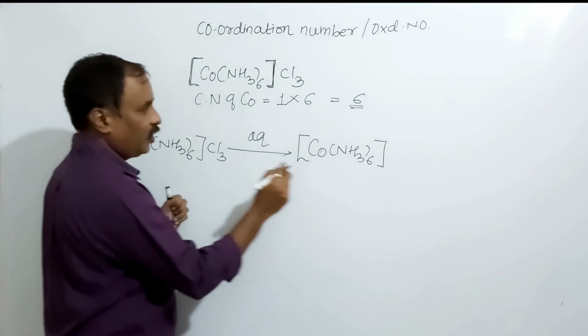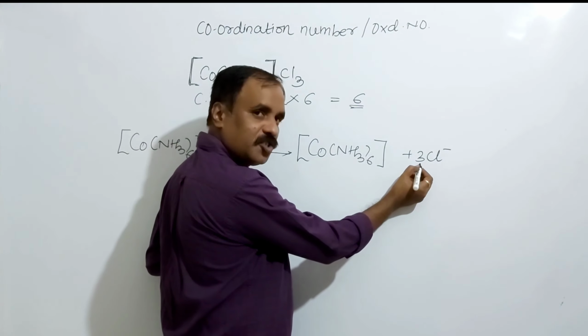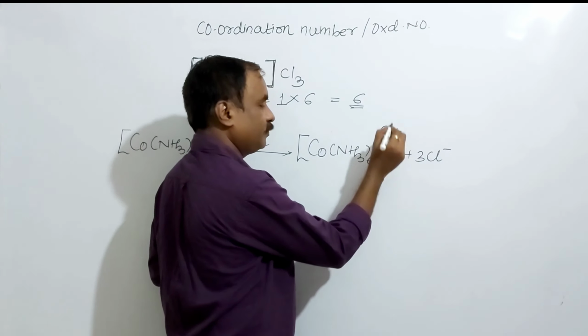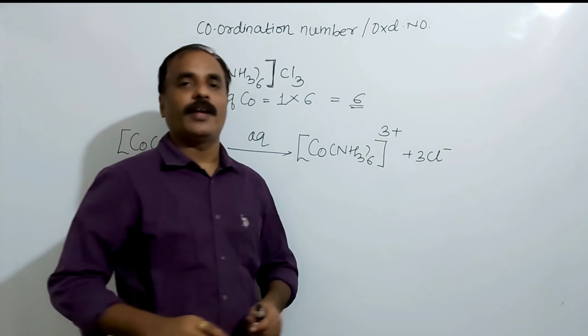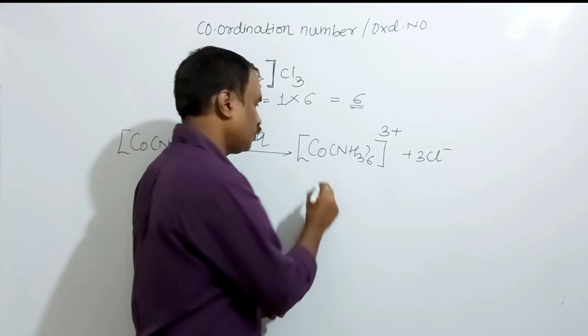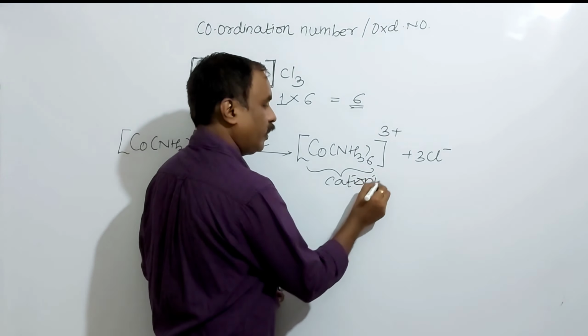Here we get 3 Cl minus, so total negative charge is minus 3. So here it will be plus 3, the charge on the square bracket. This is a cationic complex.